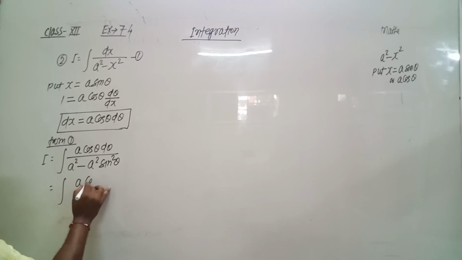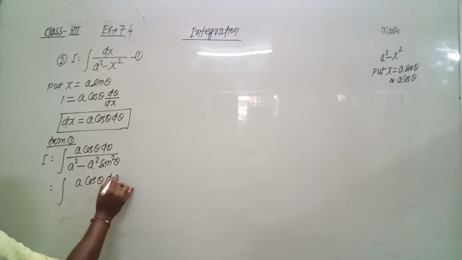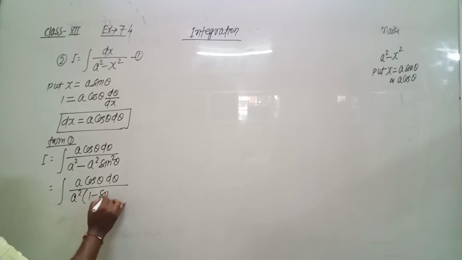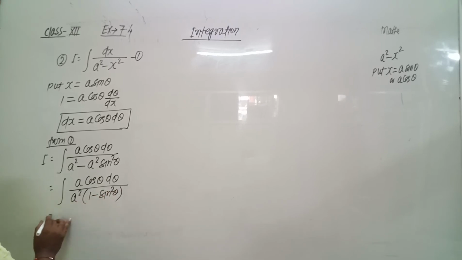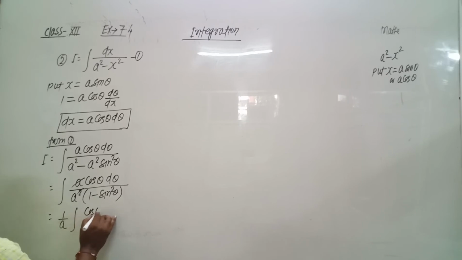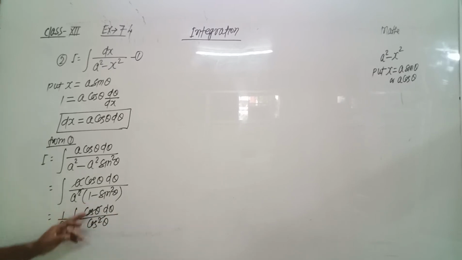From the denominator a square is common, so we get 1 minus sin square theta. The a gets cancelled, so 1 by a is taken outside, and cos theta d theta upon 1 minus sin square theta, which is cos square theta, and one cos theta gets cancelled.